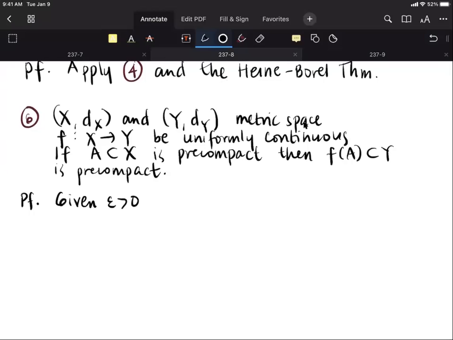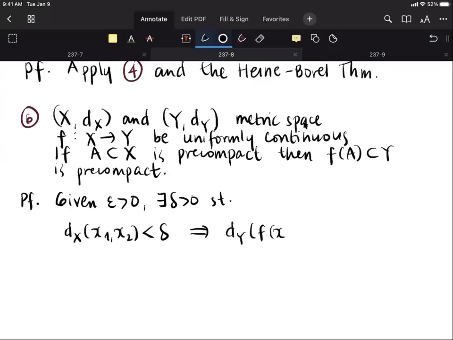So given an epsilon, there exists a delta such that if the distance between, let's say, x1 and x2 in X is less than delta, then the distance between the associated images is less than epsilon. This is basically the uniform continuity of your function f.